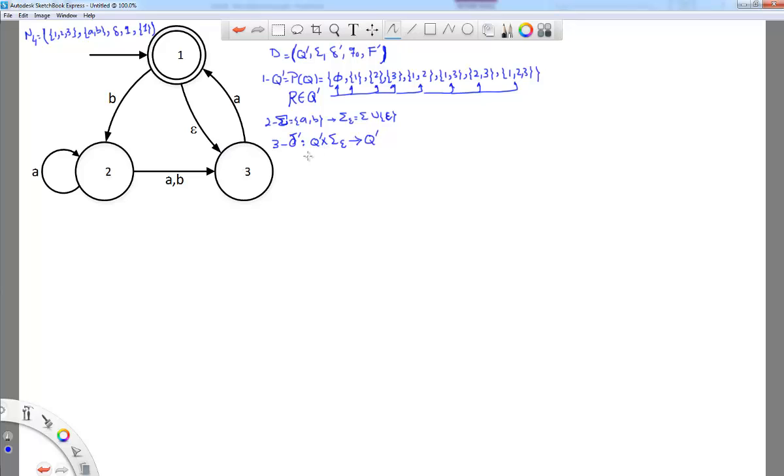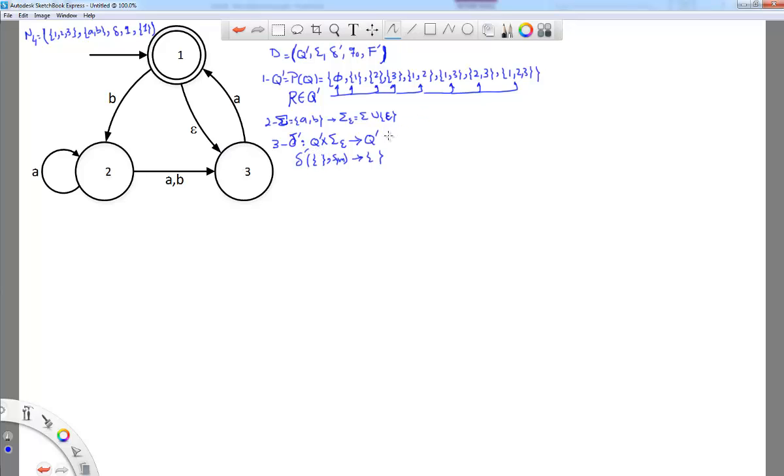So the inputs of my delta is going to be a set of states and an alphabet symbol. And then the result is going to be a set of states. So that's what I know that the delta prime is capable of.